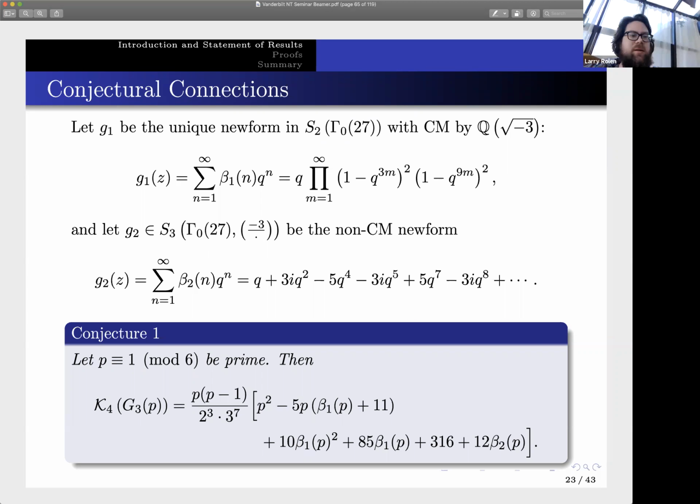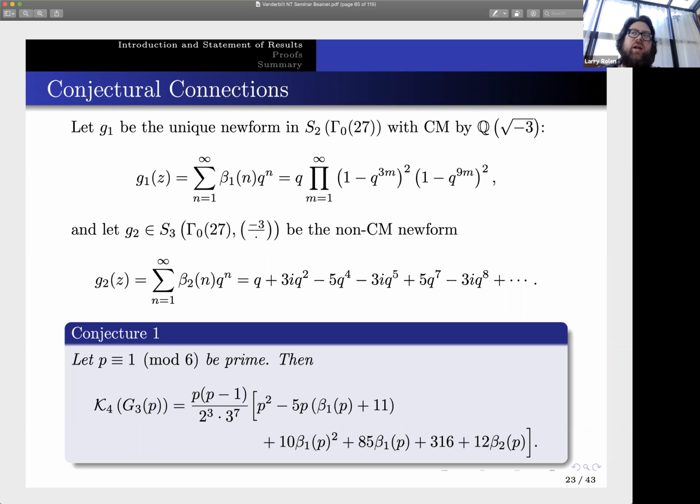There's some weird correspondence, but your question is philosophically like, is there a direct way of seeing all these connections? Yeah, I guess, or since these are still conjectures, is there maybe some philosophical reason we should believe that some count of a CM elliptic curve should show up for these graphs, other than we know they're both connected to hypergeometric functions?